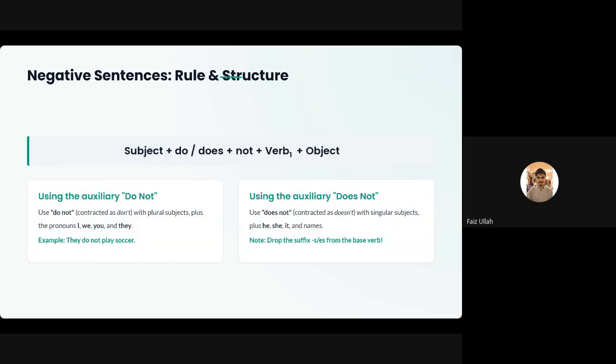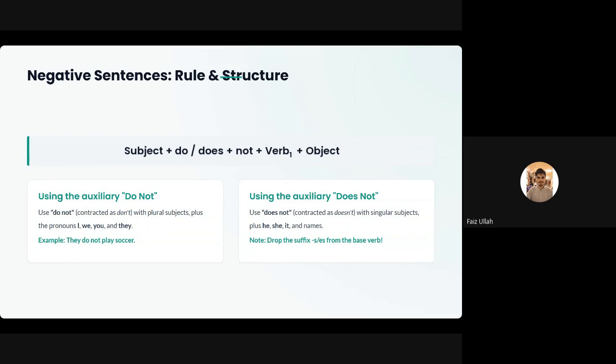For example, you say that I take breakfast, but there are some people who do not take breakfast, who do not take their lunch, or who do not have time for the gym, or who do not play cricket or football. So you can use this structure.